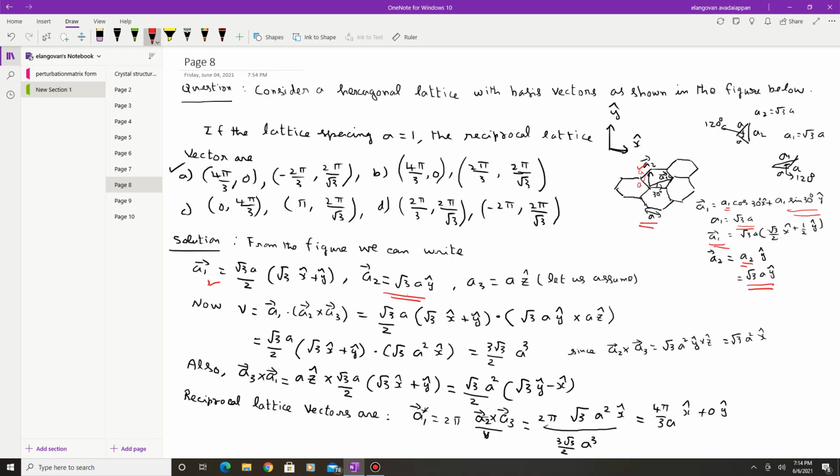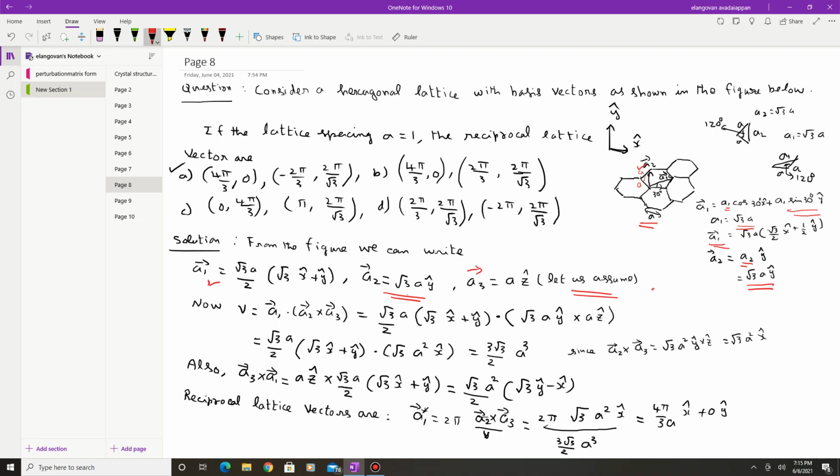From the diagram, first write down the primitive lattice vectors corresponding to a1, a2, and let us assume a3, because the diagram is only a two-dimensional diagram. In order to find the reciprocal lattice, we must know all three vectors. So choose a3 vector, which is equal to a z. Then what is the volume of this primitive lattice?